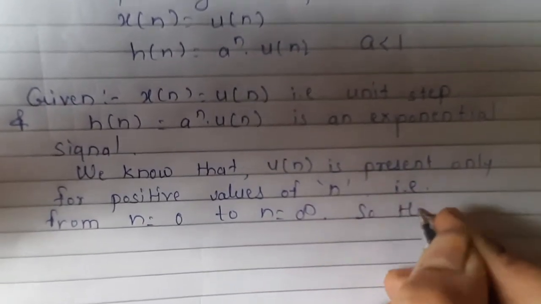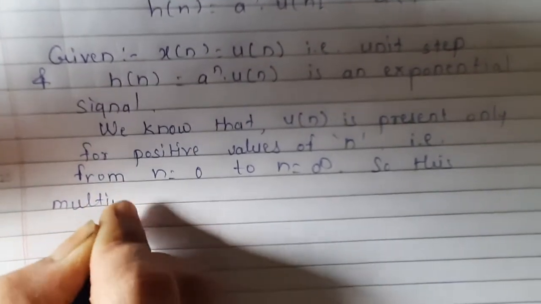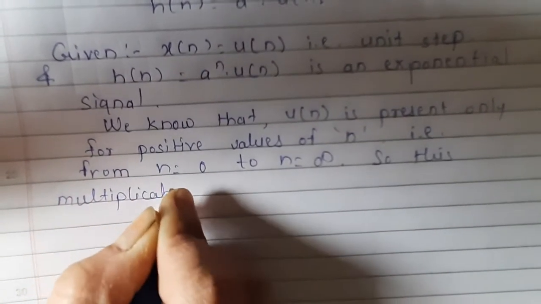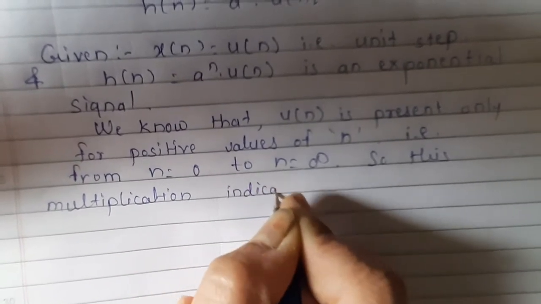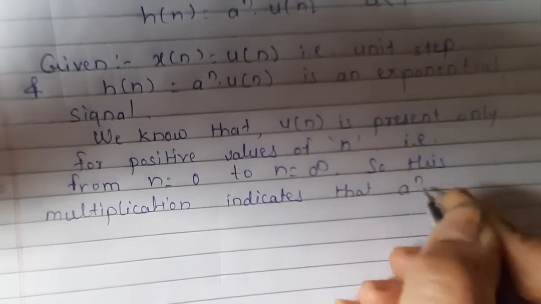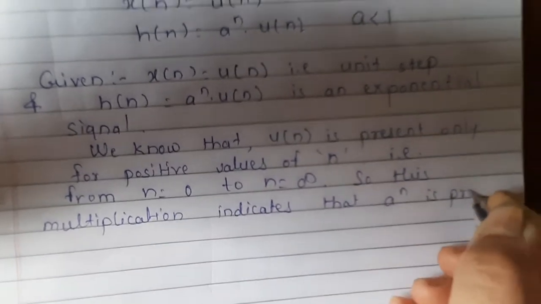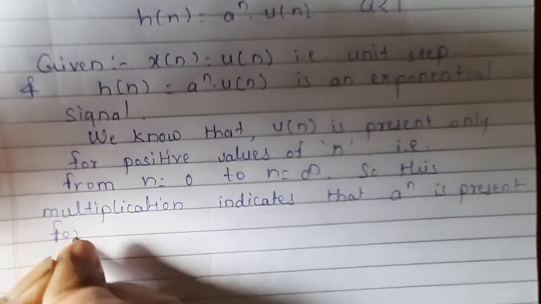So this multiplication indicates that a raised to n is present for positive values of n.